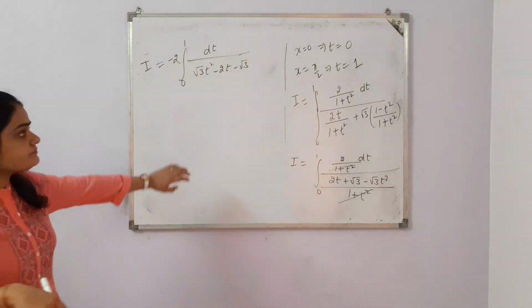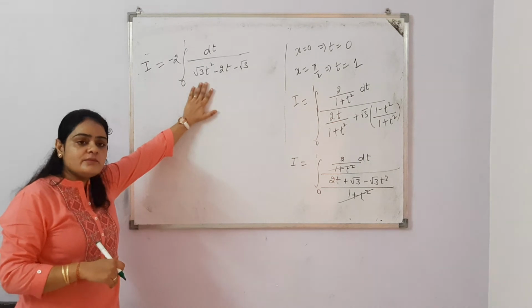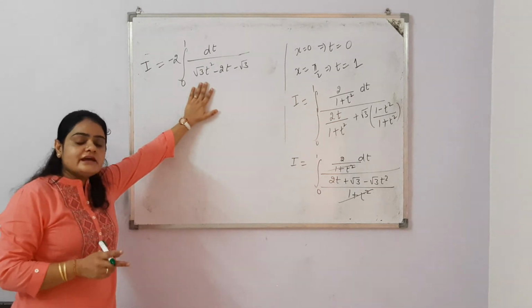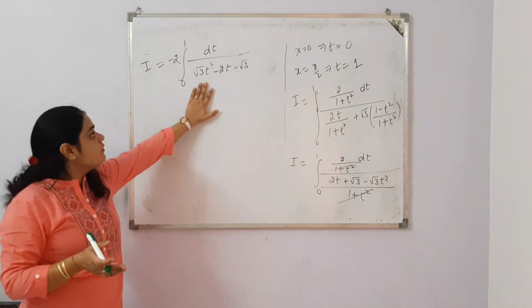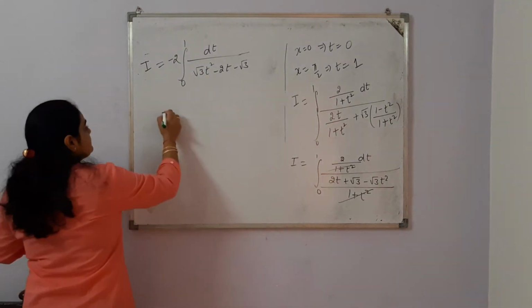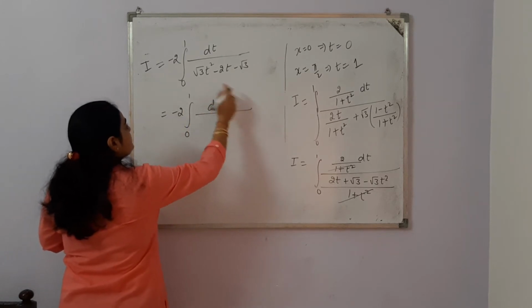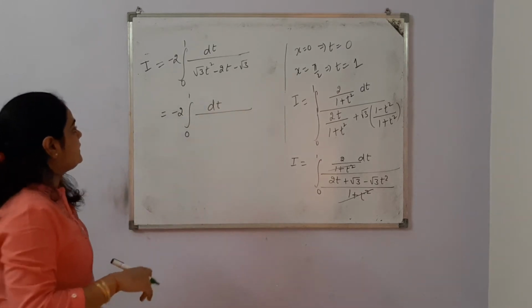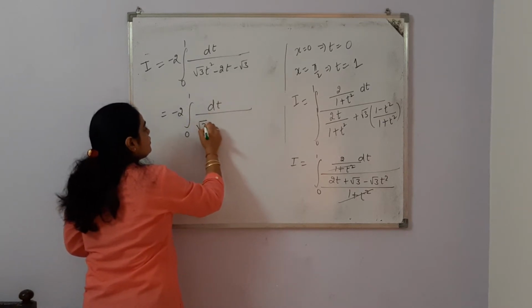Now first of all I will try to make the factors. If factors are not possible, in that case we will apply the completing the square criteria. So first of all we will make the factors. If it is possible, root 3 into root 3 is 3, and 3 minus 1 is 2.